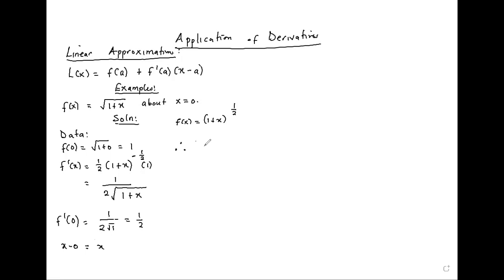Therefore, the linear approximation of this function f about x is equal to 0 is equal to f of a, which is 1, plus f prime of a, which is half, multiplied by x minus a, which is x, and that's how you arrive at this linearization.